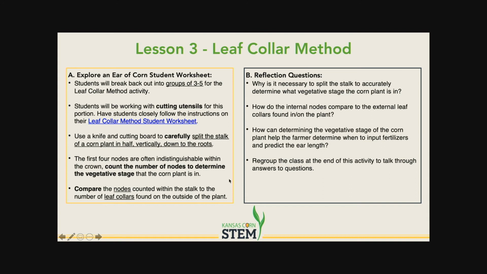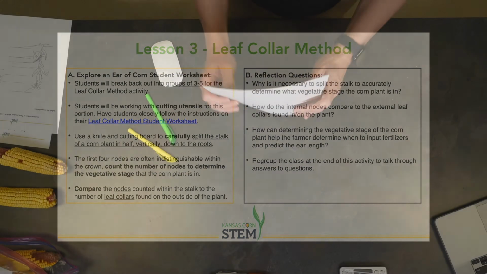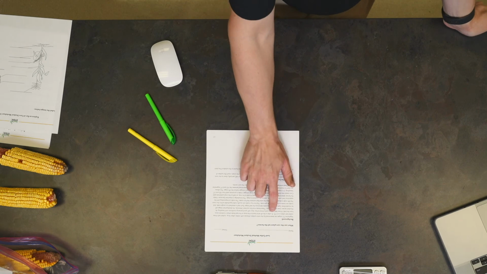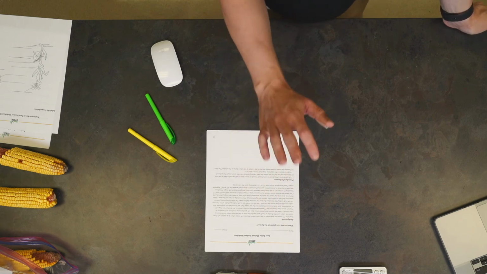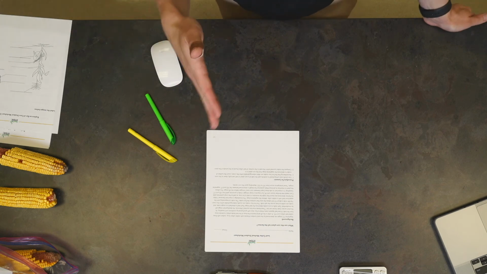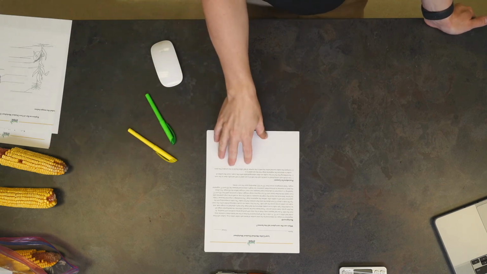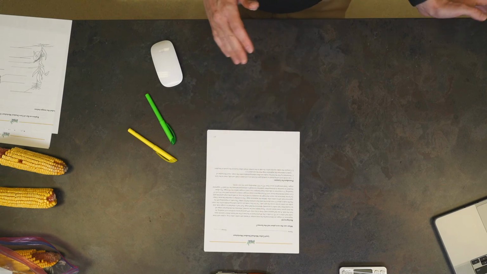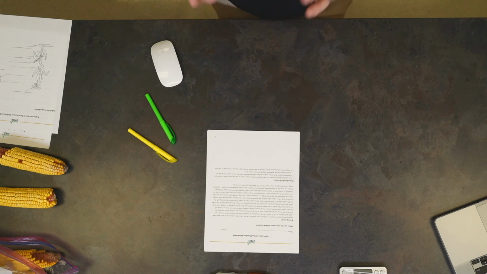And with this one, we have another worksheet. Okay, so here's the leaf collar method. We have talked a little bit about this. We talk about the vegetative stages, and during those vegetative stages, we talk about V1, V3, V6, right, all the way to VT, V tasseling, vegetative state tasseling here. So the number after the V dictates how many leaves on that corn plant have a collar.